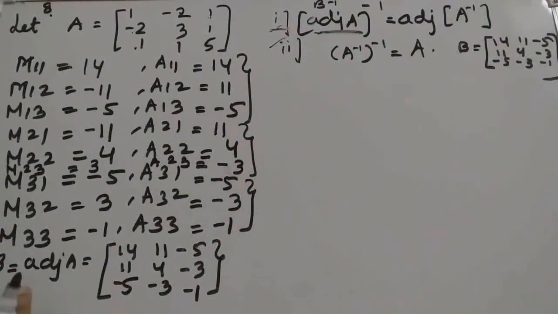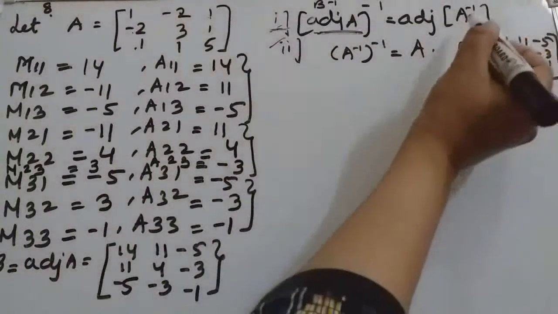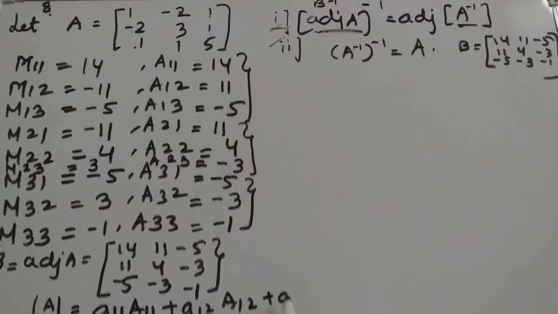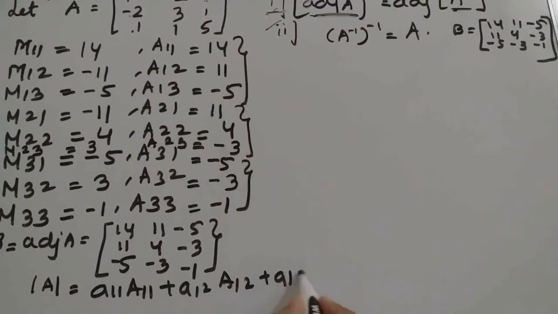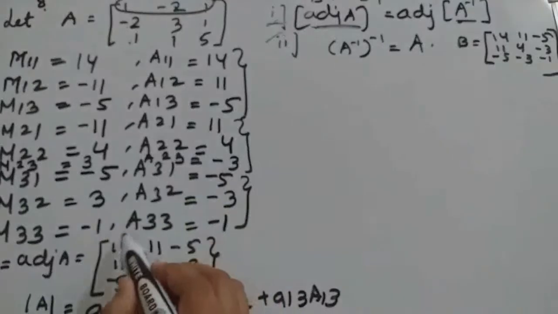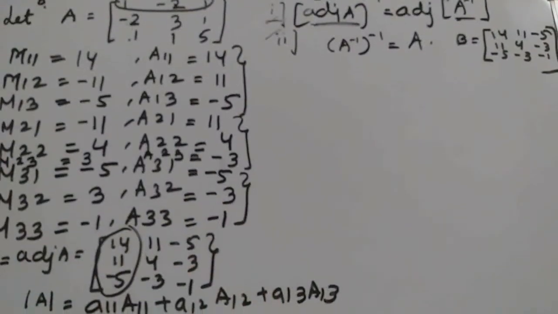Now after finding adjoint A, we should find A inverse. For that, determinant A we should find using cofactors, that is by using this formula. So A11 means these elements and capital A11 means these elements will come here.